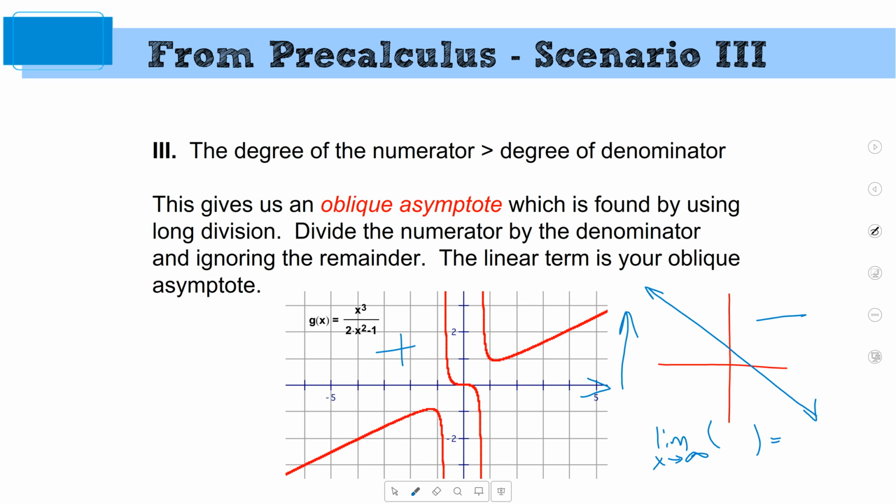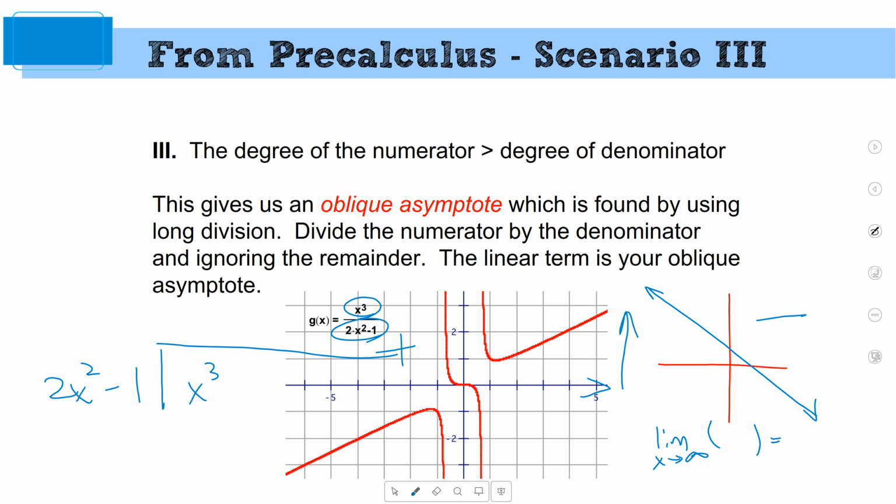To do that, it's real simple. When you do long division, and we're not going to review long division, you divide the numerator by the denominator. The first term for us will always be a linear term. You'll get something x. So if we were to do the long division in this case, I'd take x cubed and divide it by 2x squared minus 1.